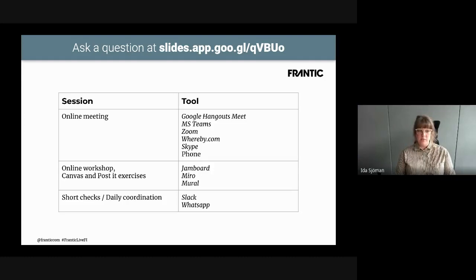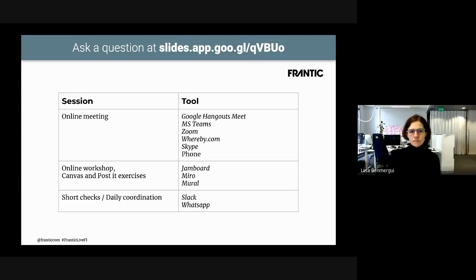So we've used Miro and Mural, which are great tools for online digital whiteboards, and you can use them for various things. And then I'm also going to have a couple of examples of how to use Jamboard. That's a Google service that we are using, which is a fun tool to do different types of exercises where you would use maybe Post-its, for example.